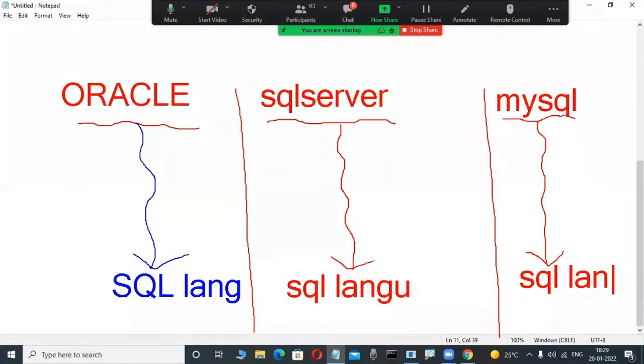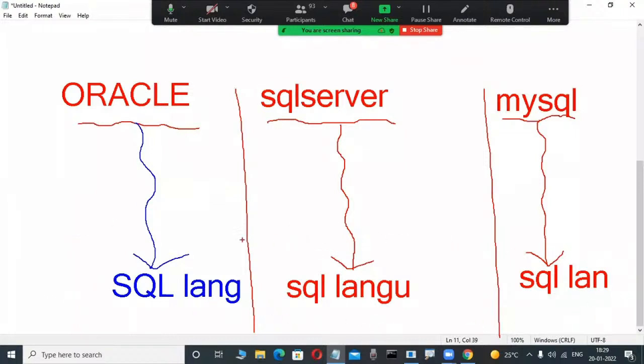Many people attending this demo class have a doubt: are all these SQL languages the same or different? Whether you are working on an Oracle database product, your friend is working on SQL Server, or your other friend is working on MySQL, all of you are using SQL language only.